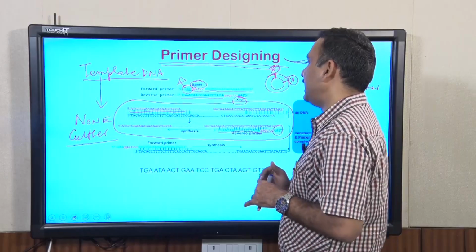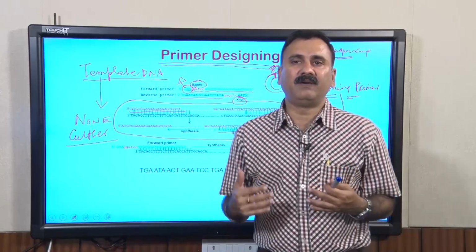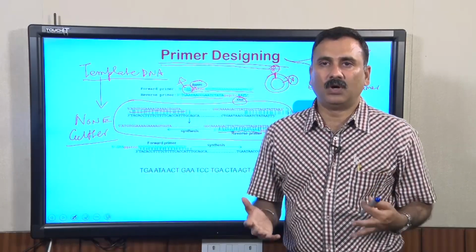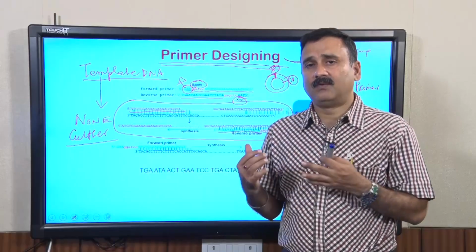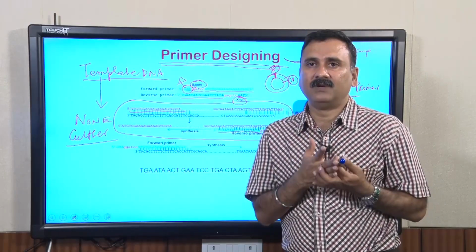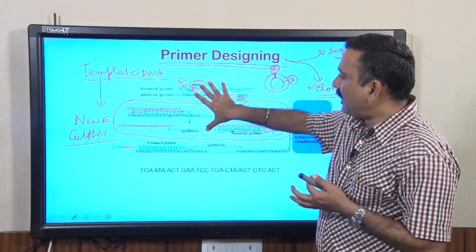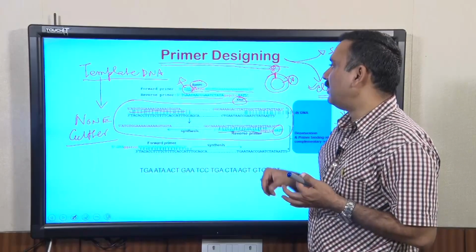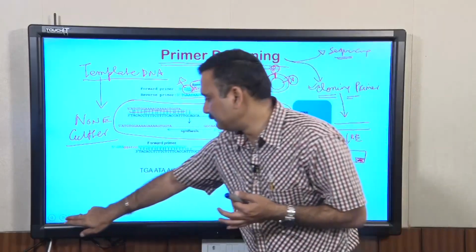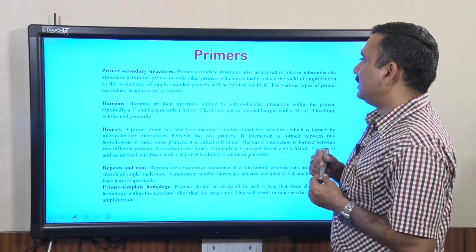So, once you synthesize the forward primer as well as the reverse primer, they have to be analyzed to see whether they are satisfying your quality parameters or not. We have discussed in the past what quality parameters we should have. We should have the Tm, we should have annealing temperatures, and all those kinds of things. So, let us see how you are going to analyze this and what problems you are going to encounter.